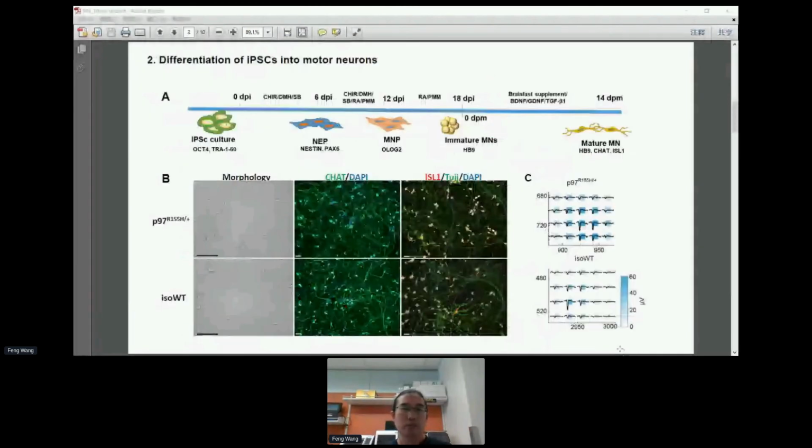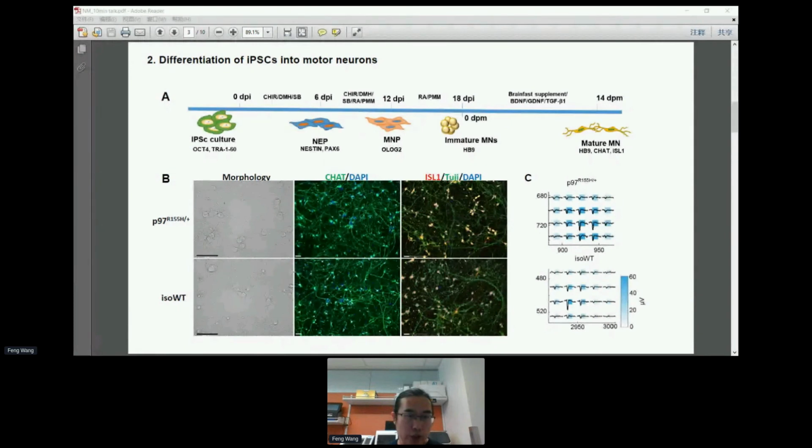And then we use an 18-day protocol to generate motor neurons. Using this method, we can generate a lot of immature motor neurons, and those neurons can be frozen and recovered at any time, and we can perform our different experiments. After recovering the immature motor neurons, we use this method to generate mature neurons. At day 14 of the maturation culture, we get the mature neurons. Here is the morphology of the day 14 mature neurons.